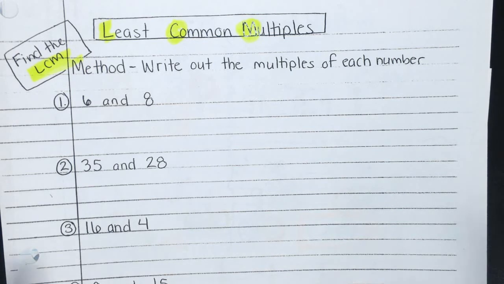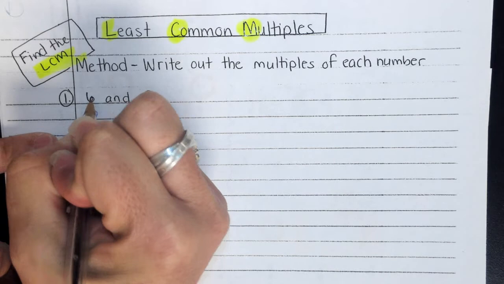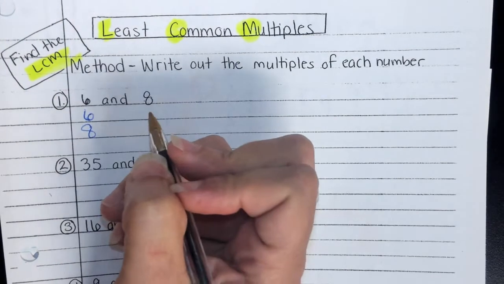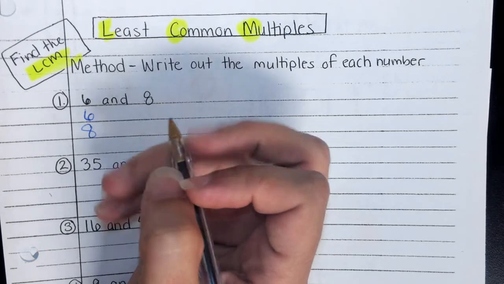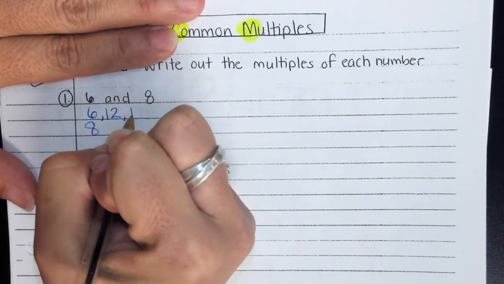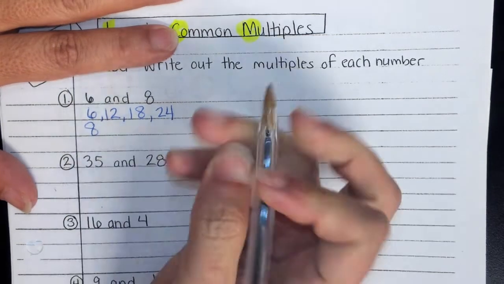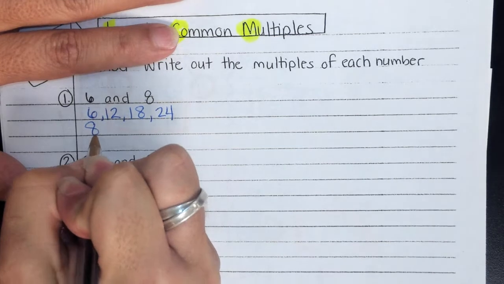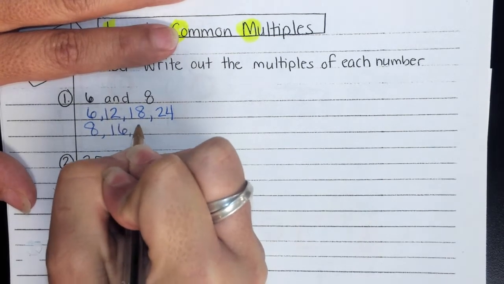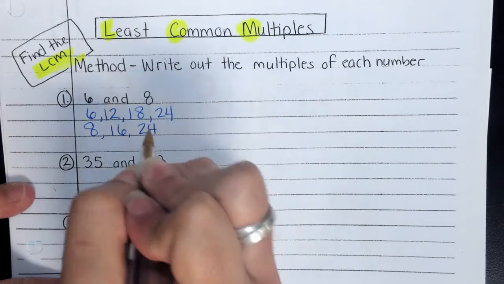So what I do is this. I take 6 and 8. I write 6 and I write 8 because they gave me 8. Now, I'm going to skip count a few up. So I know my 6s, 12, 18, 24. But listen, I already know 8, 16, 24.